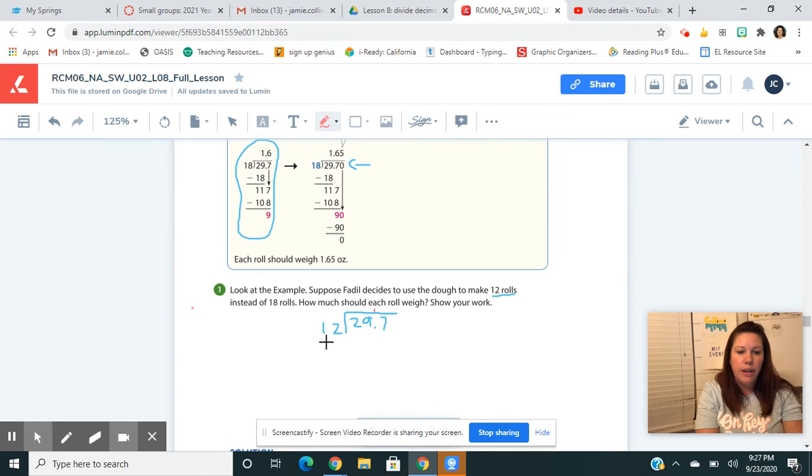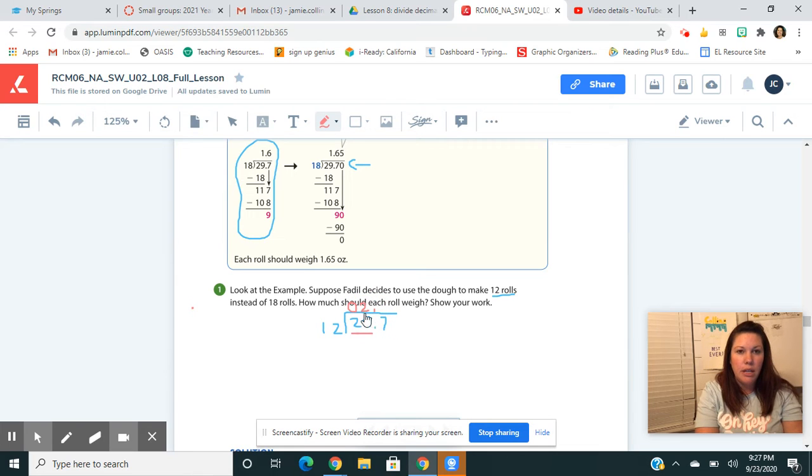Now I'm going to divide 12 into 2, which won't go, so I can put a 0 there, or I can put a placeholder, just an X, but I'm going to put a 0 because we are dealing with decimals. Now I'm going to divide 12 into 29, and 12 goes into 29 2 times because 2 times 12 is 24. So I'm going to put my 2 up here on my quotient bar.